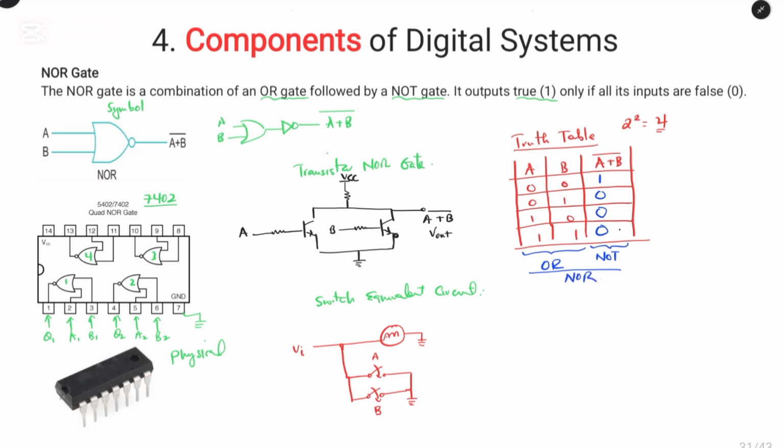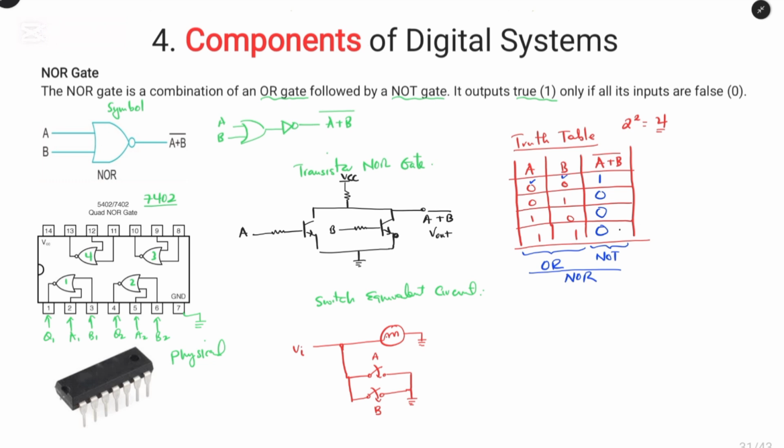Therefore, from the definition, we can see the output is true only if all its inputs are false. So when A and B are false or low, the output will be high. Else, the output will be low or false.